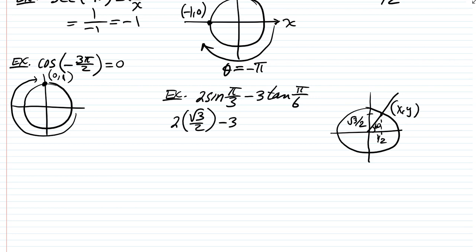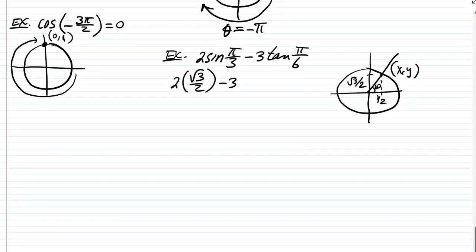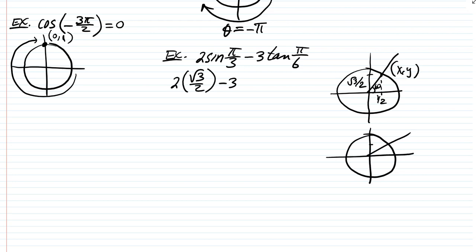And negative 3. Now tangent of 30 degrees. Well, if I recall again the coordinates of a point for 30 degrees, x was root 3 over 2, y was 1/2, right, for 30 degrees.